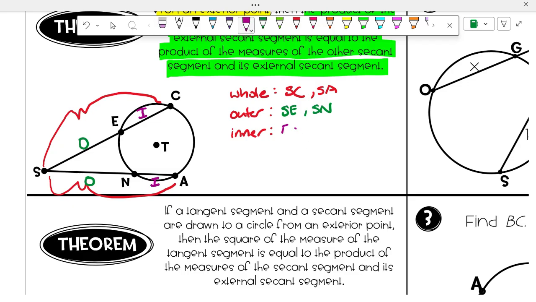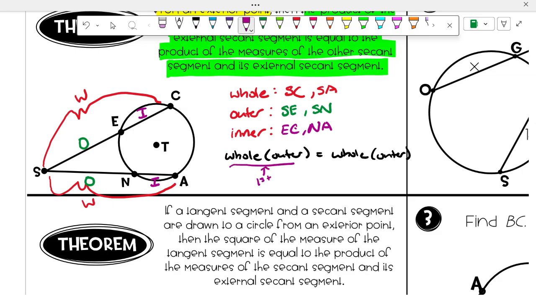Now, these are whole. The main formula is this: whole times outer should be equal to whole times outer, where this comes from the first segment and this comes from the second segment.